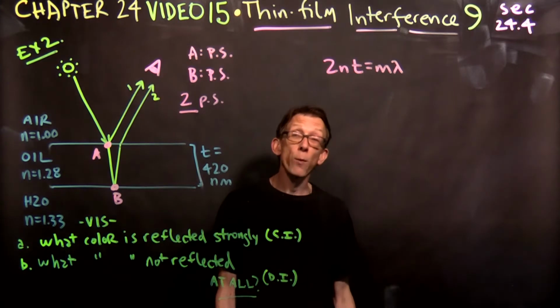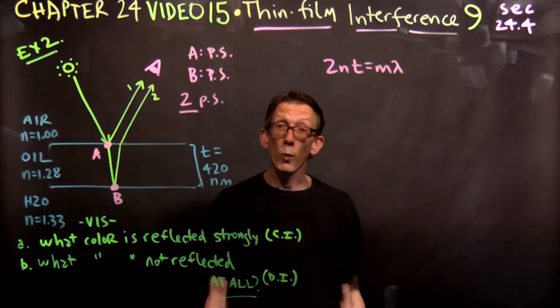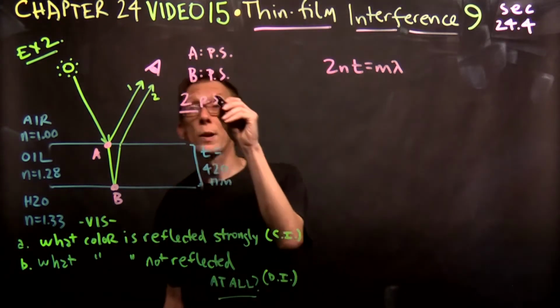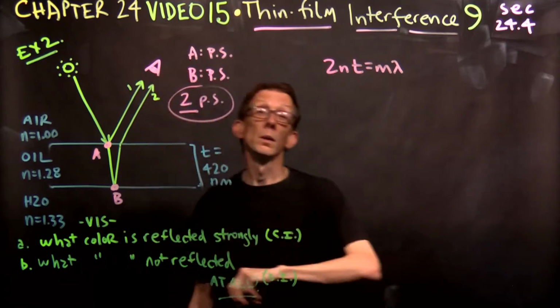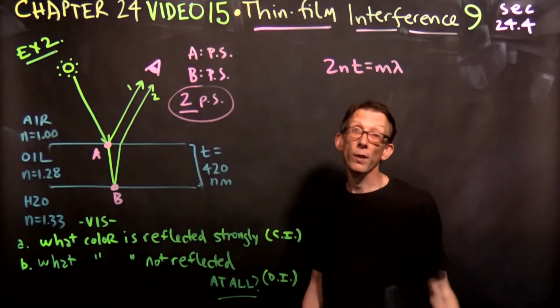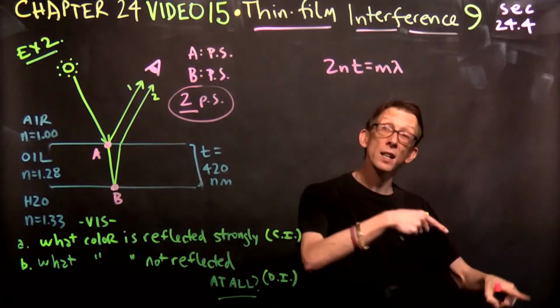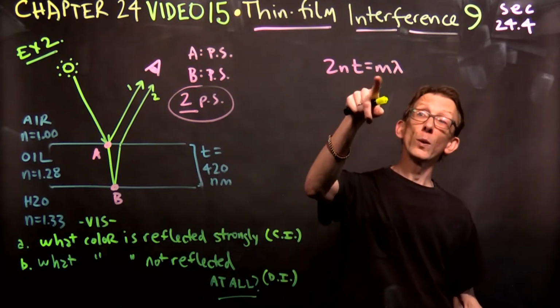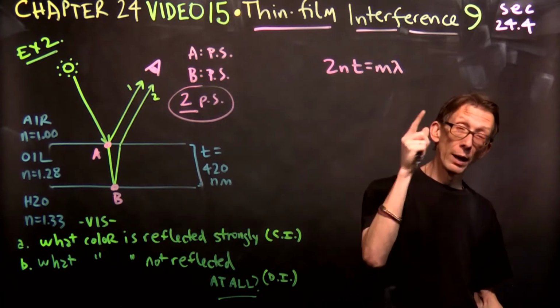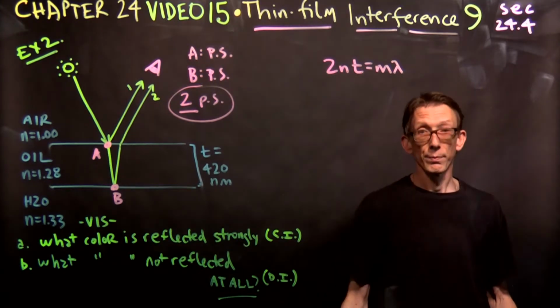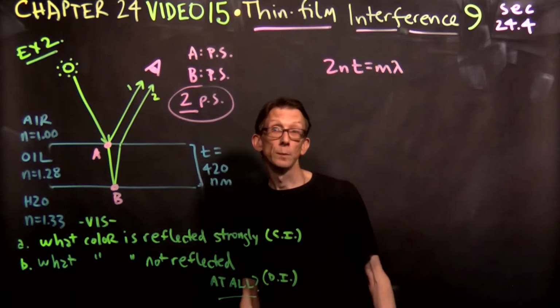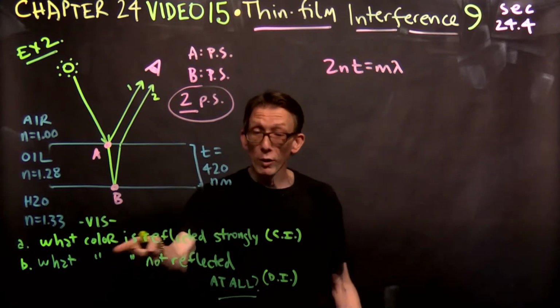That is the formula for constructive interference for 0 or 2 phase shifts. Here we have 2. So this is our condition for constructive interference. If there were only 1 phase shift as last time, we would have the 2nt equals (m plus 1/2) lambda condition. Okay? So what color is reflected strongly?